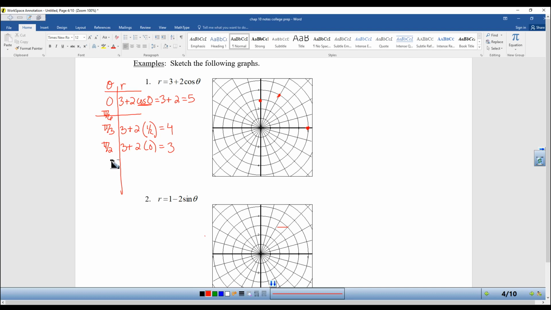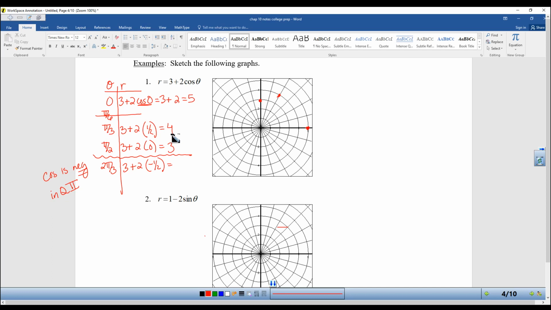Now I have to go into quadrant 2, but remember, quadrant 2 should repeat, but cosine is negative in quadrant 2. So I can use my same answers, but I can't just make the answer negative. I have to make the cosine negative. So for 2 pi over 3, it's 3 plus 2 times negative 1/2. Do you see where the negative was?